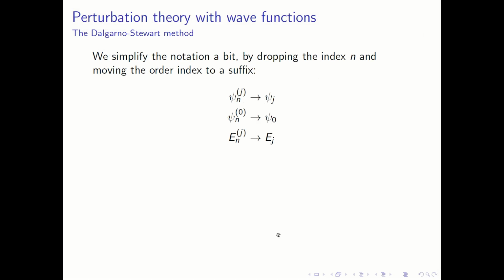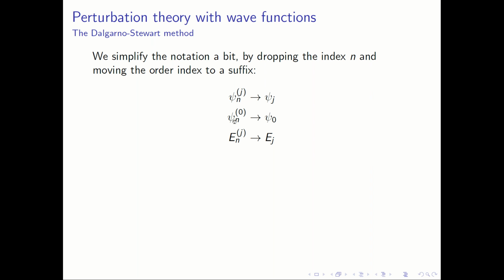Since we are always going to talk about one particular unperturbed level, the nth one, let us not mention the n index any longer, and rather than have an awkward looking superfix, which people may confuse with a power, let's move this superfix down here to an index. So what we are going to call psi j now is a jth order correction to the nth order unperturbed wave function. The nth order is going to be omitted from the notation.